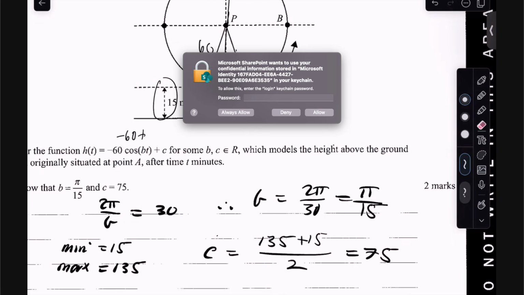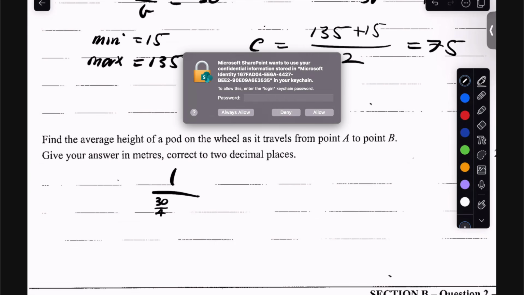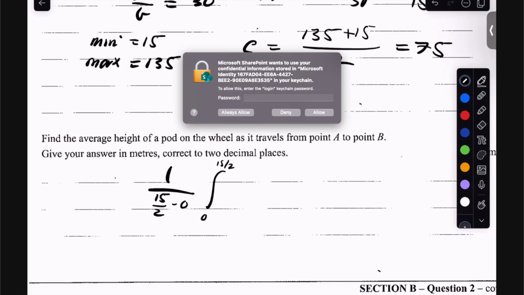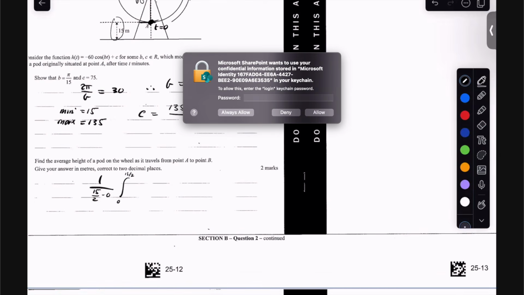So you can imagine that this is t is 0, and then this is 1/4, so 30 over 4. So 1 over 30 over 4, which is 15 on 2, minus 0, times the integral from 0 to 15 on 2 of your function, h of t, dt, and that's equal to, to 2 decimal places.